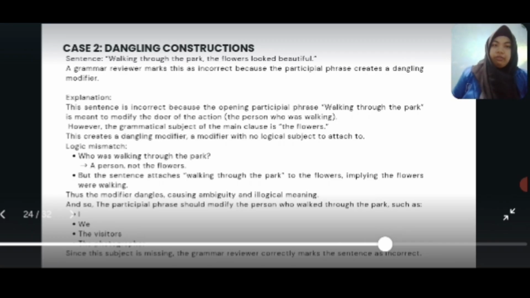A person, not the flowers, but the sentence attaches "walking through the park" to the flowers, implying the flowers were walking. Thus, the modifier dangles, causing ambiguity and illogical meaning, and so the participle phrase should modify the person who walked through the park, such as "I," "we," or "the visitor." Since that subject is missing, the grammar reviewer correctly marks the sentence as incorrect.